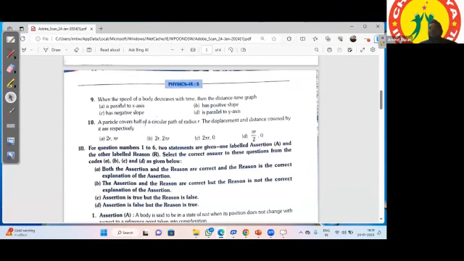Which of them is possible? Can you draw the graph for this? All of you draw the graph in your notebook for question number 9.